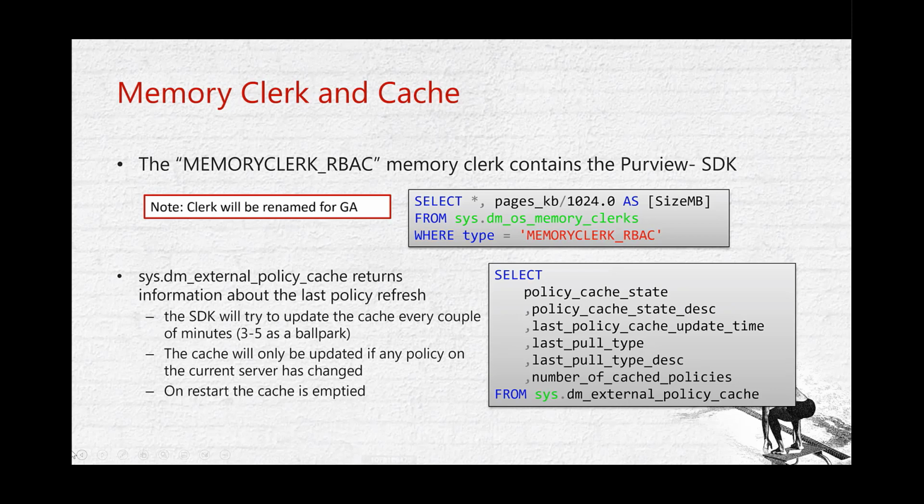In standard, by default, policies will only be updated in an incremental fashion, meaning we pull everything that has been changed and apply the changes to our current database. But for a number of reasons, there can be a reason, for example, after a restart of a database or of a server, we do a full reload of the policy cache. So you can see what happened last time in the sys.dm_external_policy_cache DMV. That tells you how much and when was the last time the policies have been updated.